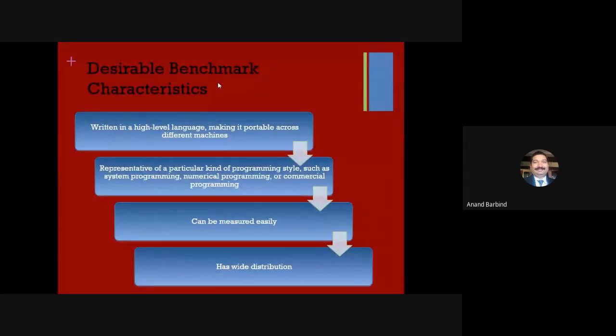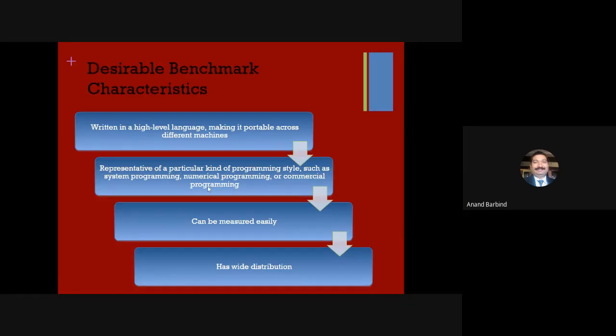So the standard programs are designed. What are the desirable benchmark characteristics, so that it should not matter whether it is a CISC or RISC type of processor? All these programs are written in high level language, not in any low level language. From high level language the program is converted to low level language, making it portable across different machines. Then they should be representative of a particular kind of programming style, such as system programming, numeric programming, or commercial programming.